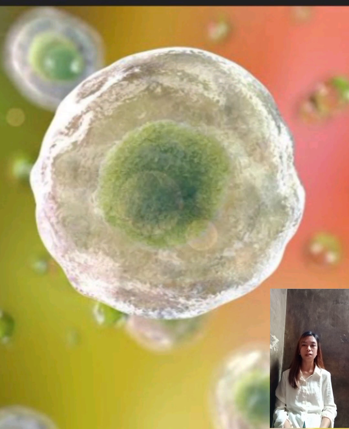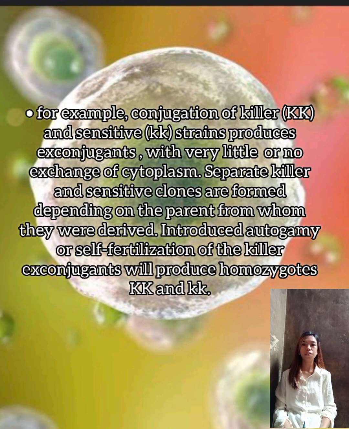For example, conjugation of killer KK and sensitive kk strains produces conjugants with very little or no exchange of cytoplasm. Separate killer and sensitive clones are formed depending on the parent from whom they were derived.